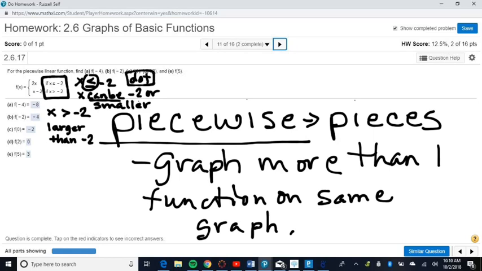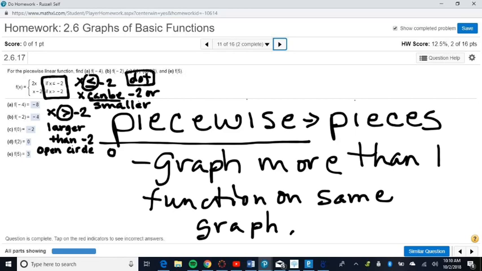Anytime you see one of these symbols that doesn't have it, you're going to get an open circle. That tells you that the graph starts there, but it doesn't include that point. That's just a boundary point.